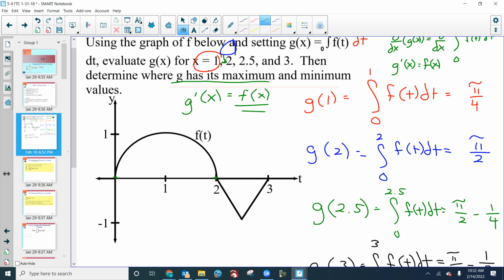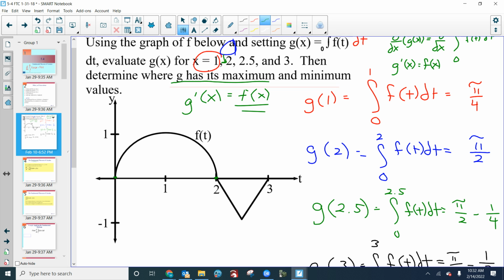Local. What next? What's g doing on the interval from 2.5 to 3? The negative slopes are decreasing. They're flattening out. Increasing, decreasing, or constant? Decreasing.